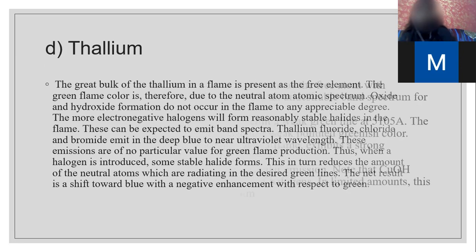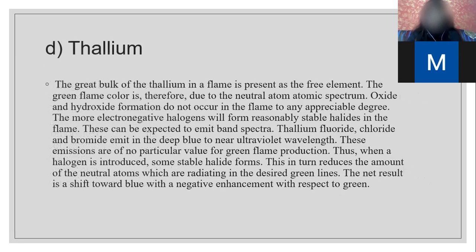And the next one is thallium. The bulk of the thallium in a flame is present as the free element. The green flame color is therefore due to the natural atomic spectrum. Oxide and hydroxide formation do not occur in the flame to any appreciable degree.